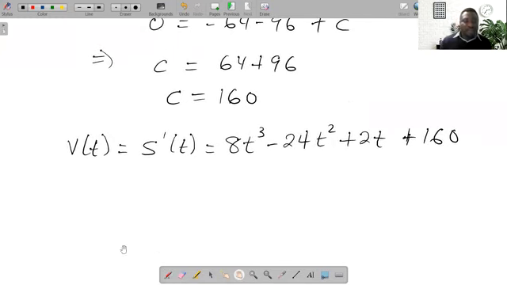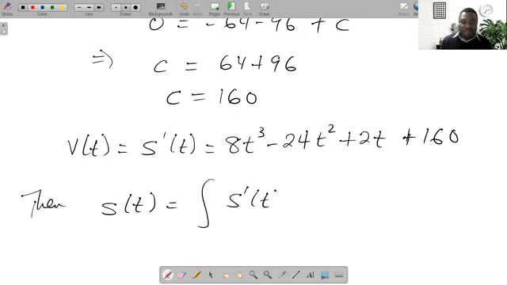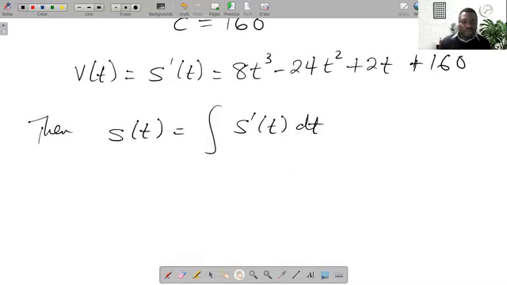So what that means is that then if I need to find my S of t, it will be the integral of S prime of t dt. Or basically it's the same as V of t dt, if you will.